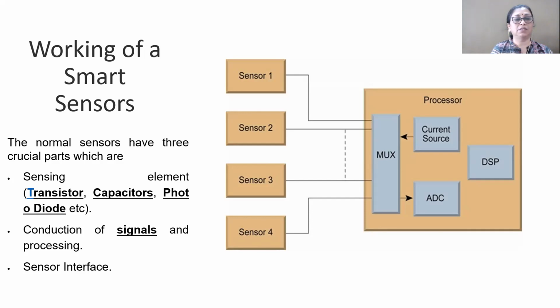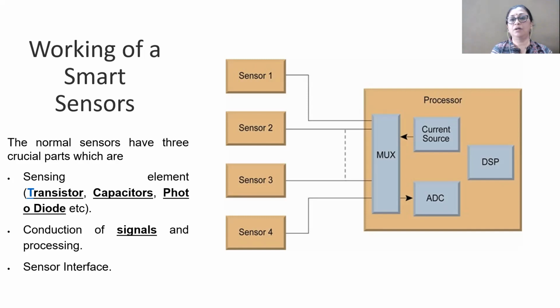Next, signal processing and signal conditioning are carried out, and thereafter the interface is present in this block, which is called the sensor interface. So the sensing element, signal processor, and sensor interface are the three parts of your smart sensor.